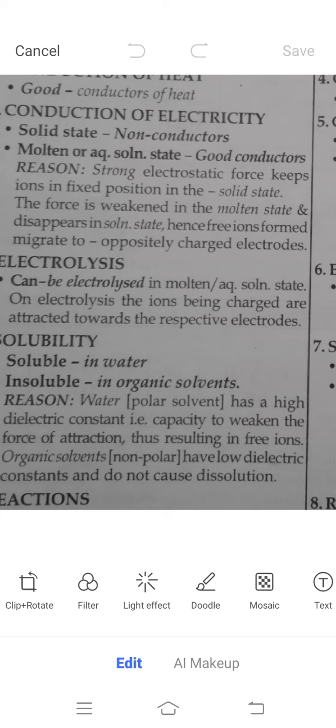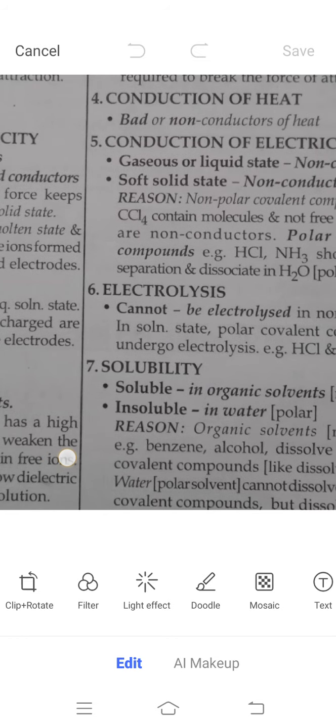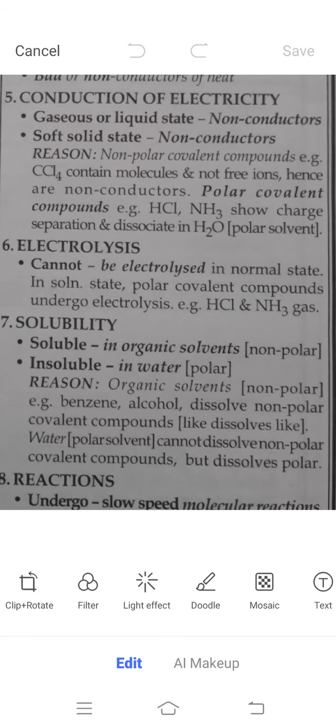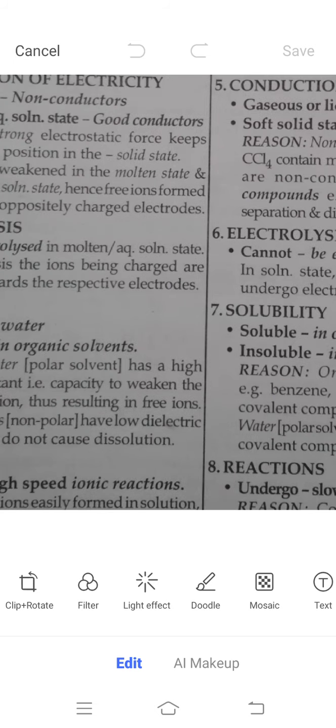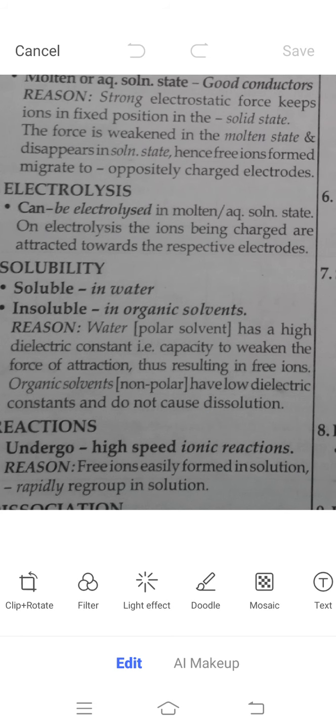Hence ionic compounds can be electrolyzed, but the condition is molten or aqueous solution only. In the solid state they cannot be electrolyzed, whereas covalent compounds are totally non-electrolyzed. That means you cannot electrolyze them. The only exceptions are HCl and ammonia gas, because they are polar covalent compounds.